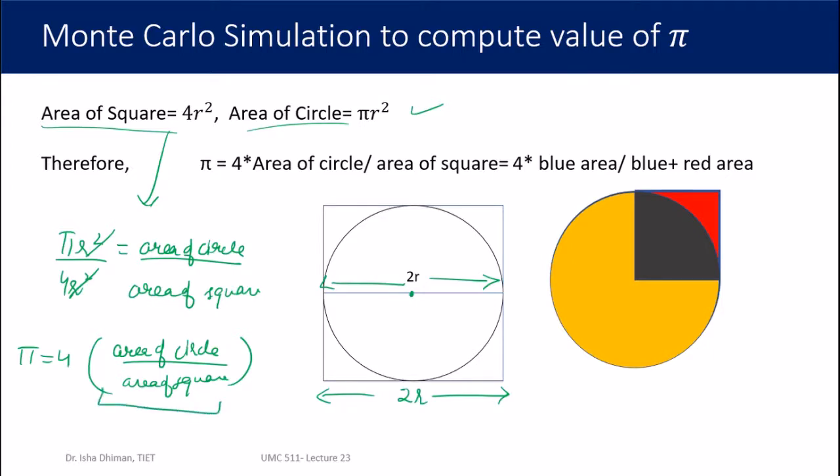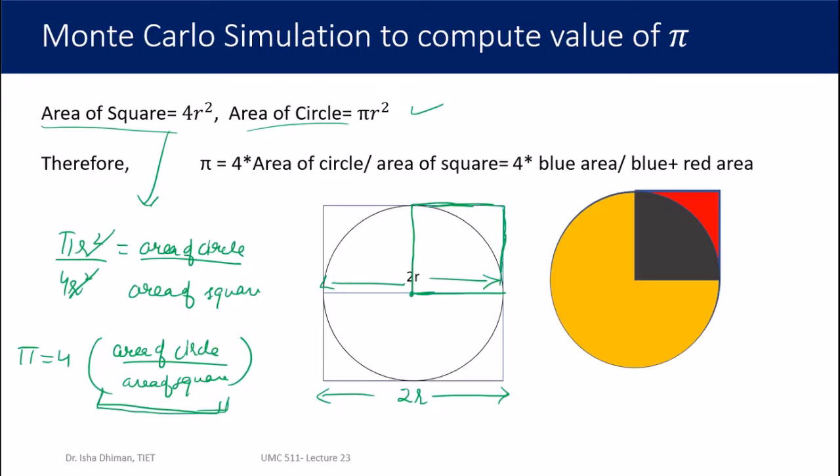So we do another diagram. In this diagram you can see I have just considered this much portion of your total diagram. Because of the symmetry, the ratio of the area of the circle to the area of the square is the same even if you take this much portion of your figure.